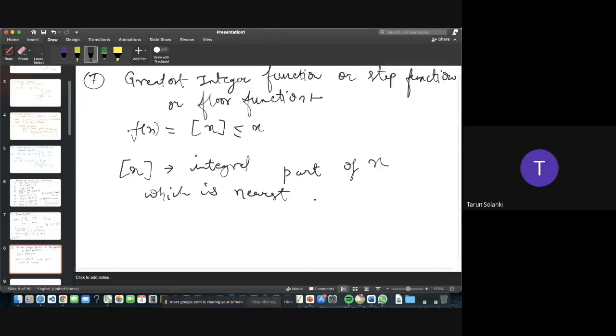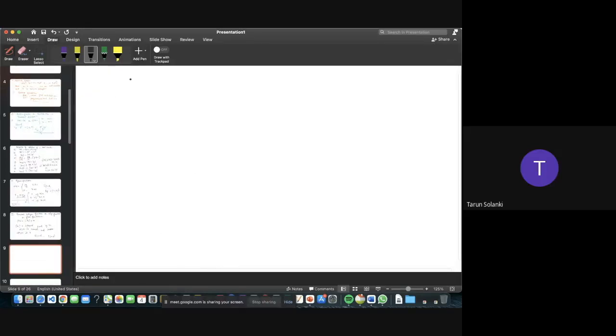Which is the nearest and smaller integer of x. Smaller integer than x, right? So the domain for this will be R, and the range will be the integers. Okay, so if we take examples, x and here this greatest integer of x.